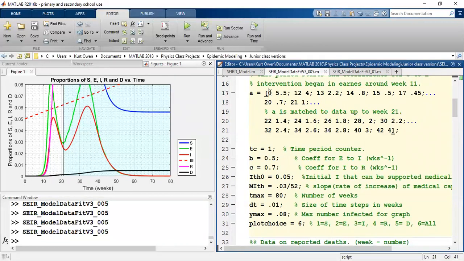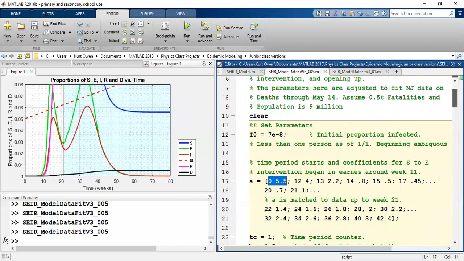Okay, so let me show you what this means. This first set of numbers means starting at week 0, we chose an A value of 5.5. That's probably a bit high, but we really know very little about how the virus started and when exactly it started. So in combination, the I0 value that was chosen actually ends up being a fraction of a person, because on January 1st, we might not have had anyone actually being infected.